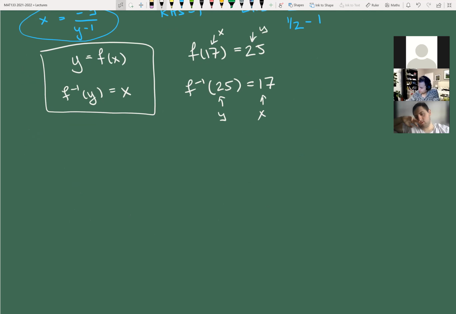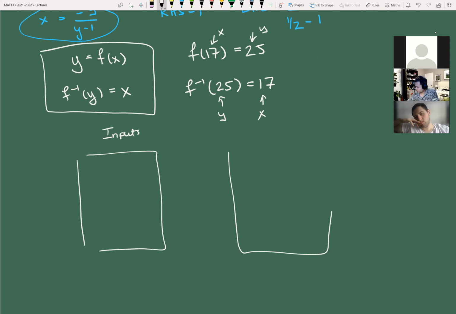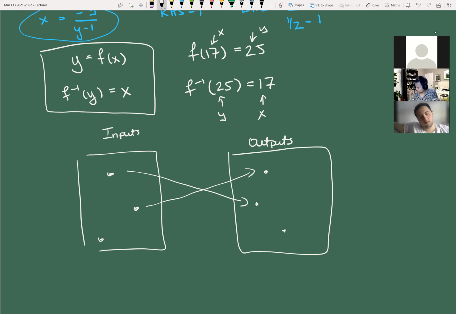Okay. And maybe just as a different way of thinking about it, sometimes I like to think about these as arrows. So here are the inputs and here are the outputs. You've got a bunch of inputs over here, and a bunch of outputs over here, and maybe f does this. The inverse function just turns the arrows around in the other direction.